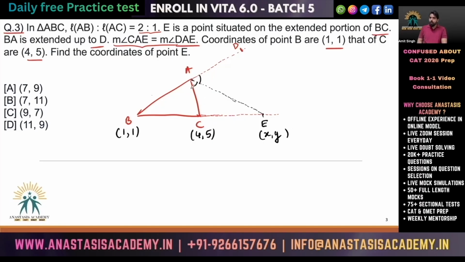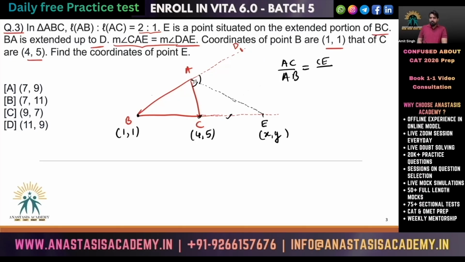So the ratio of these two adjoining sides, that is AC upon AB, according to the angle bisector theorem, would be equal to the ratio of the distances of the angle bisector from these points. So for AC, I need to take this distance, that is CE.